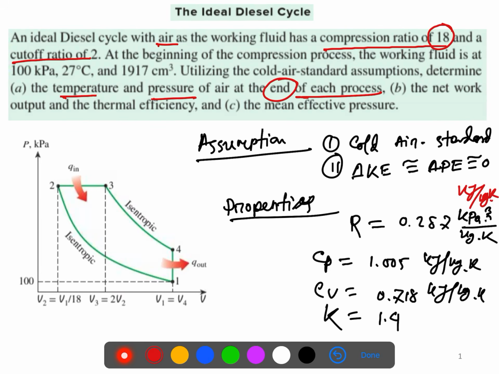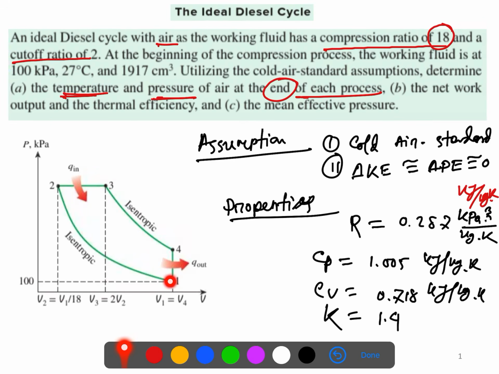So now what we're going to do, guys, is calculate the temperature and the pressure at the end of these processes. Look at the PV diagram here. From this PV diagram, it is clear how we already defined V1, V2. This is the volume change on the horizontal axis.